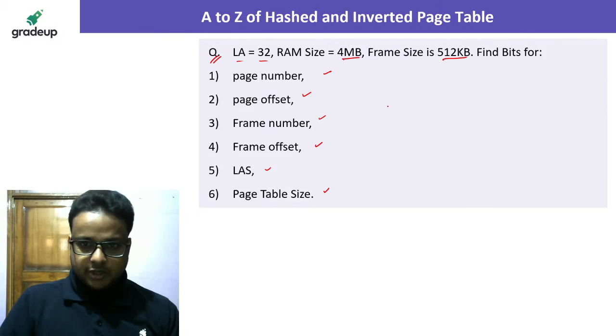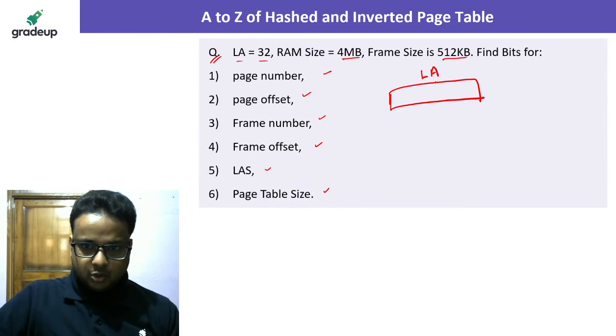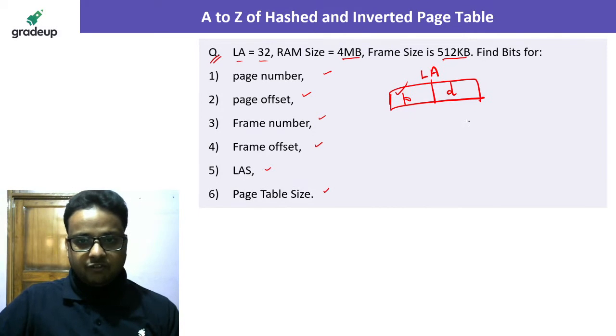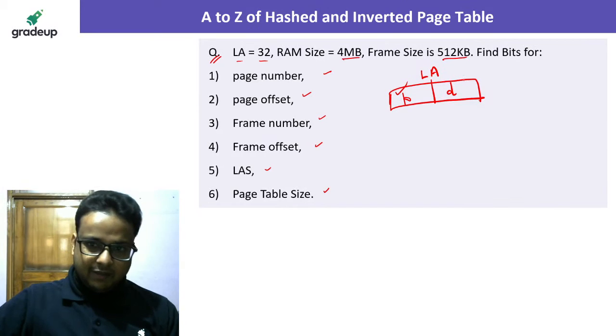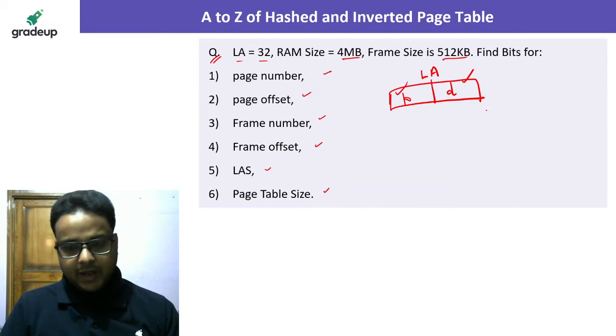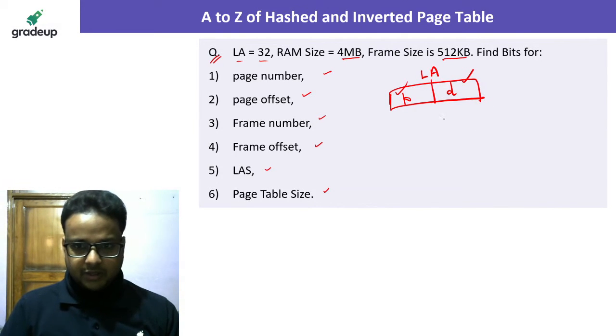So in this question, what is given? Logical address. You know logical address is divided into two portions. One is P and one is D. P means page number. The value of this bit will be page number value, and the value of D in decimal will be page offset.